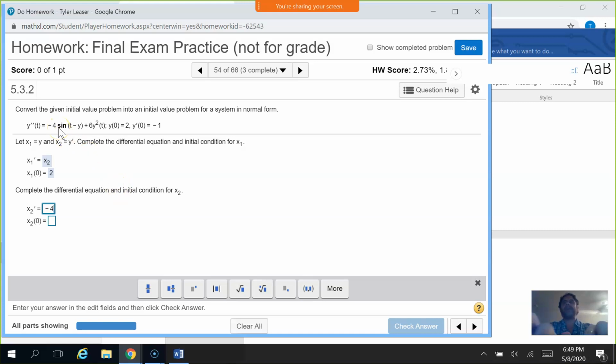So this stuff is going to be negative 4 sine of t minus y, but don't forget y is x1, plus 6 times y squared, which is x1 all squared. All right, and then it wants to know what is x2 at 0. Well, x2 is y prime, and y prime at 0 is negative 1.